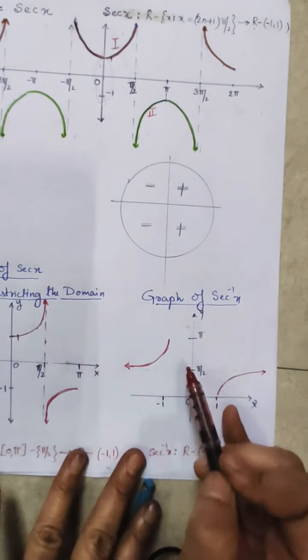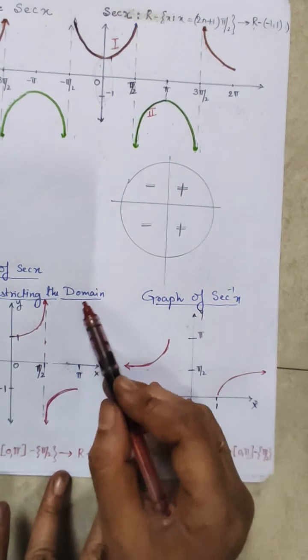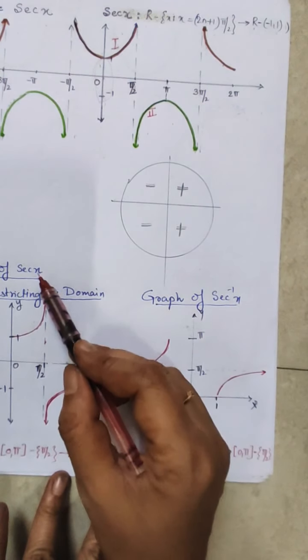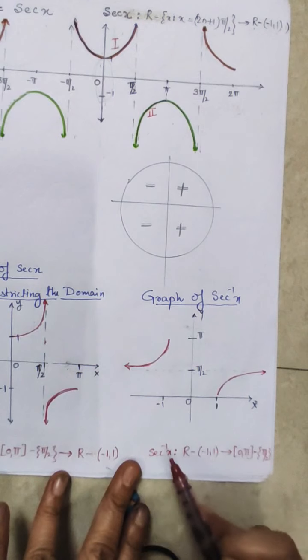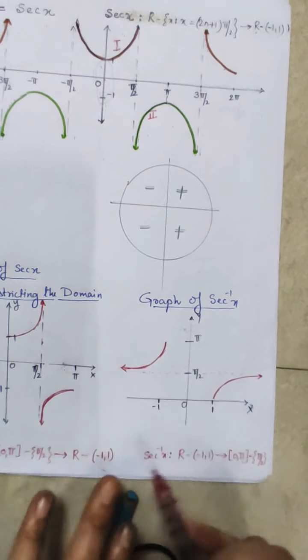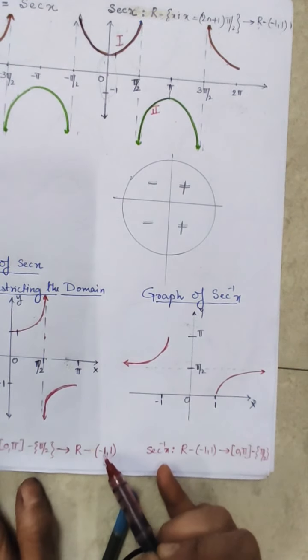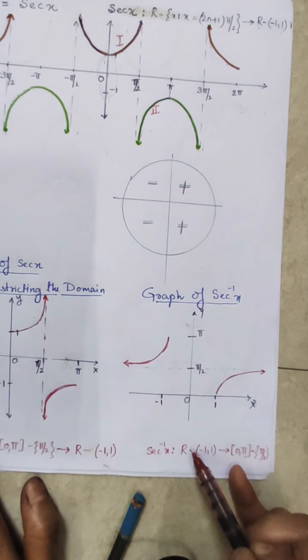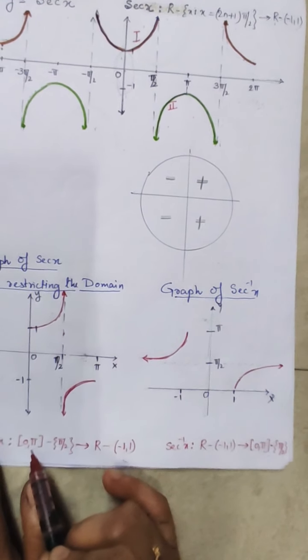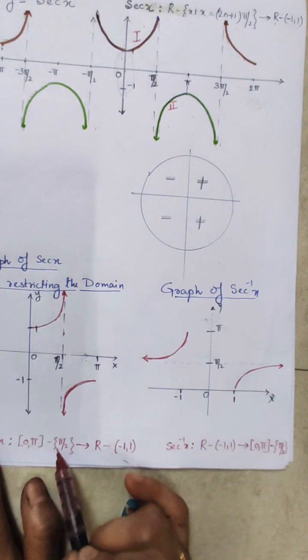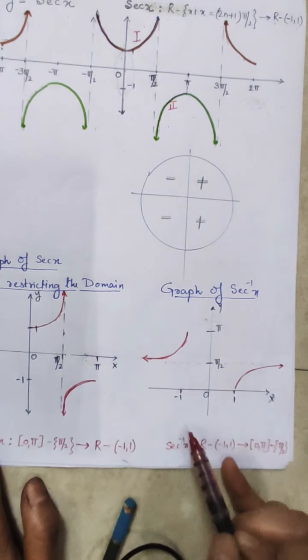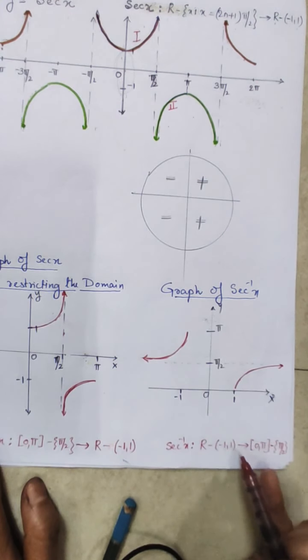And again this is the mirror image: sec inverse x is the mirror image of sec x. So the range of sec x becomes the domain for sec inverse x, and simultaneously the domain of sec x becomes the range for sec inverse x.